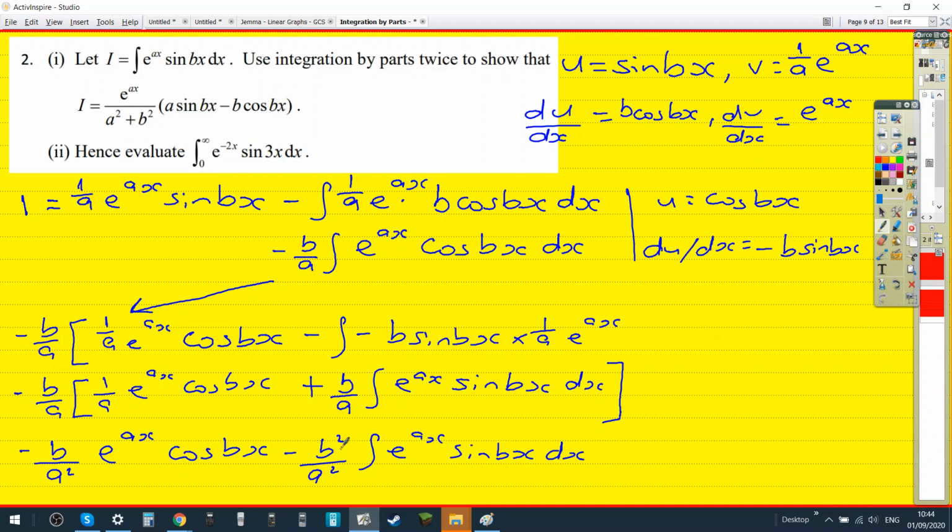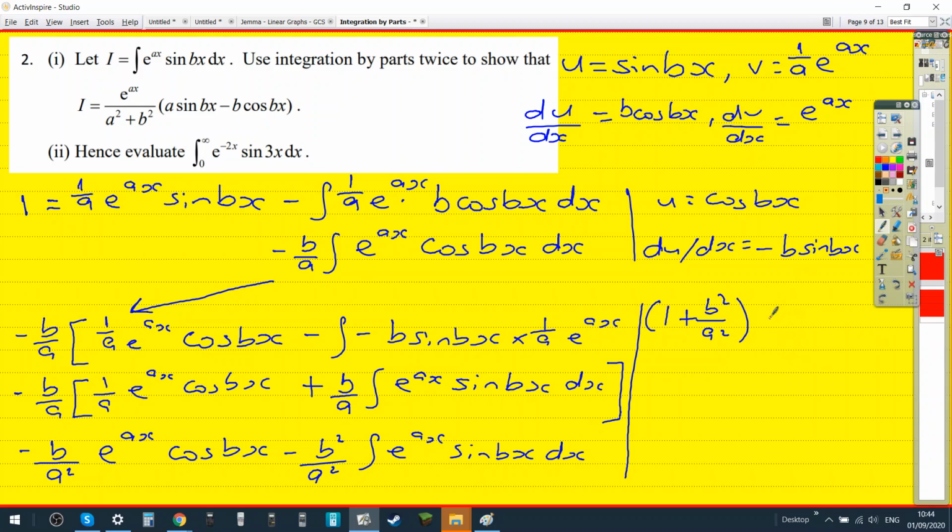So I think we need to get rid of this b squared over a squared, so that we can just add it to both sides in the beginning. Oh yeah, you could add that. So you would get 1 plus b squared over a squared times the integral, or let's just call it I. That's a good way of doing it, just I.